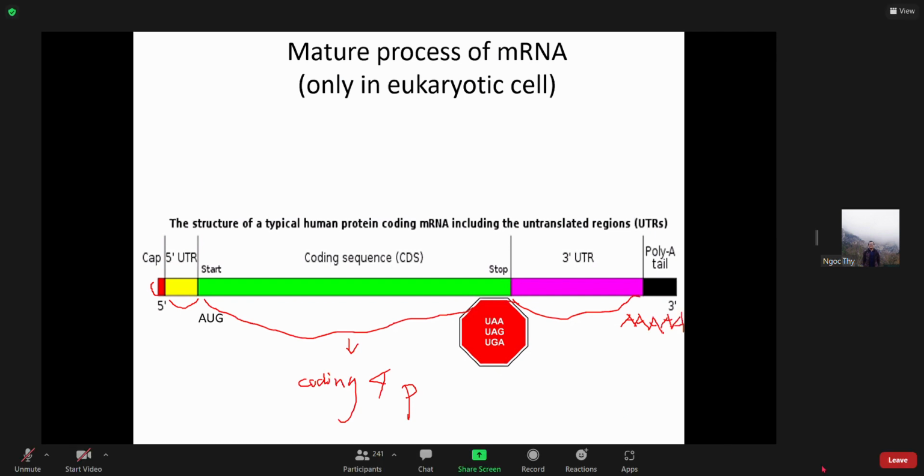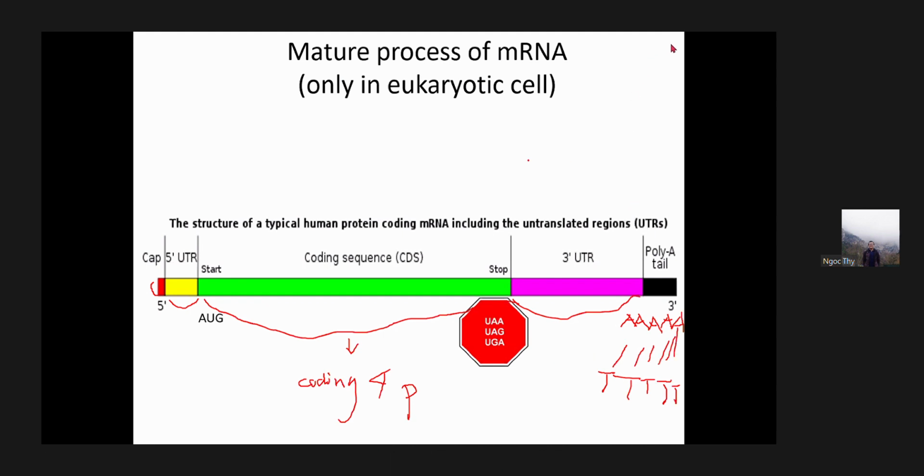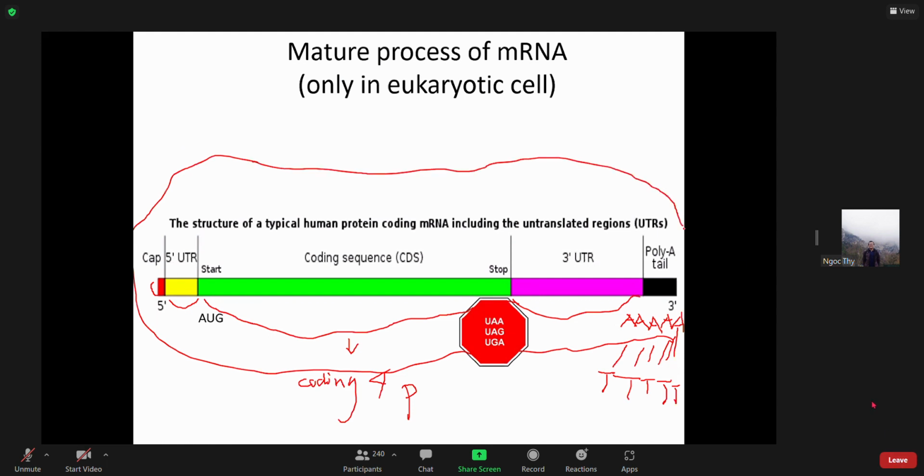In order to catch this mRNA to investigate, for example, a transcription level, the scientists will design the oligo T to bind with the poly A tail to catch the mRNA. It is a structure formed during the process of the mRNA maturing.